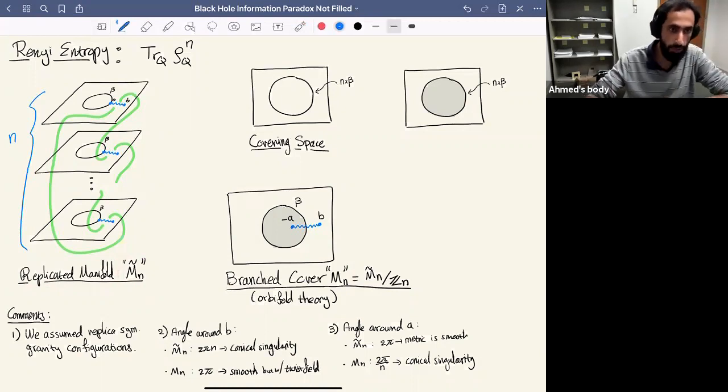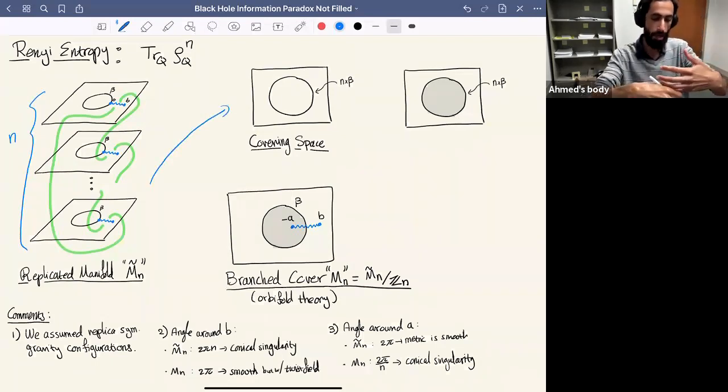But the strategy to evaluating this is simplified after you do some transformations. The first transformation I'm going to consider is to go to the so-called covering space, where I unwrap this branch cut here.